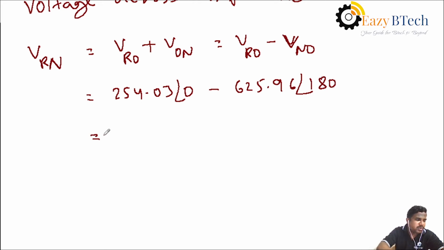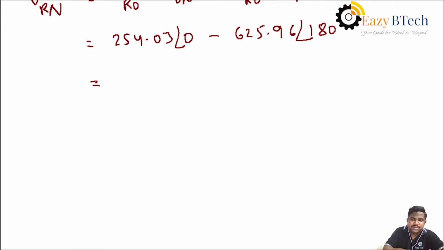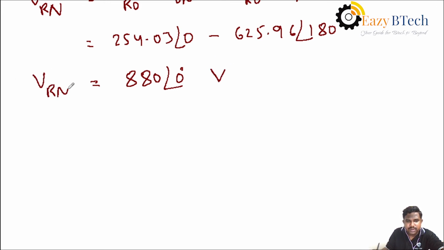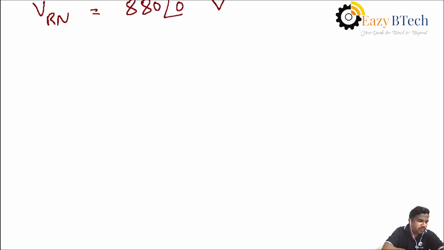Then we have to simplify the equation, change the two polar forms to equivalent rectangular form, simplify that, and again convert into the equivalent polar form. Then the total value is 880 at an angle 0 degrees volts. So that is the value of VRN.